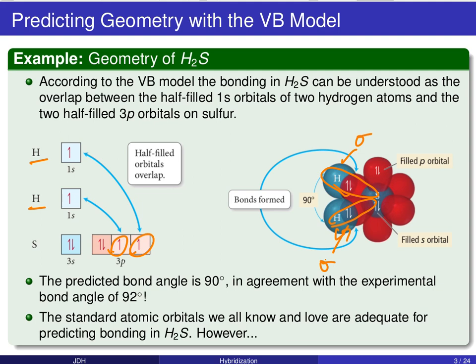We find out that this bonding arrangement that we would predict by this simple model involving these atomic orbitals, p orbitals and s orbitals, actually provides a geometry that's in very close agreement with experiment.